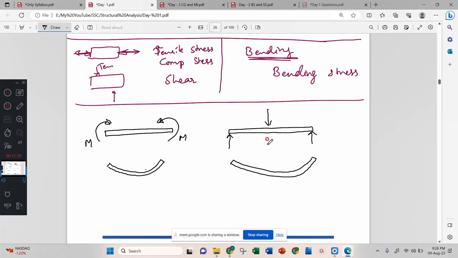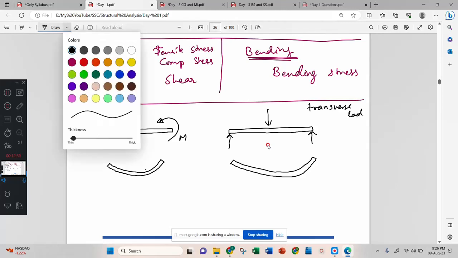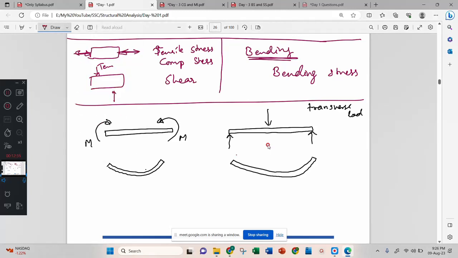Okay, means we can bend any material not only by rotation, but by applying some perpendicular loads. They are called transverse loads. Transverse loads means the axis of the member is here and you are applying loads perpendicular to the axis of the member.